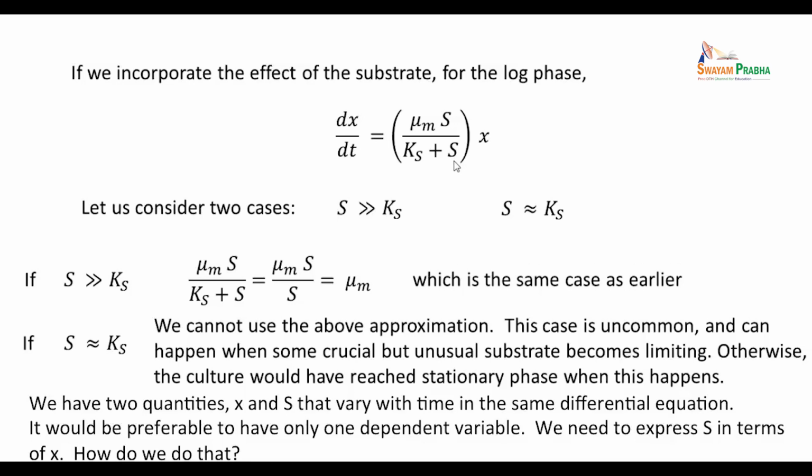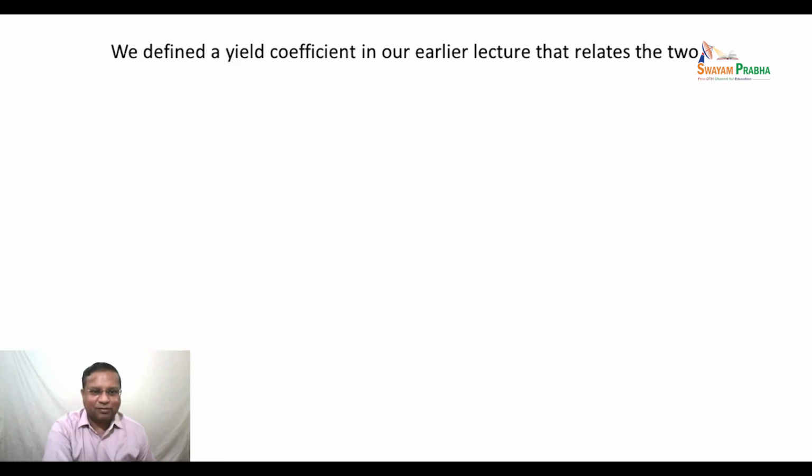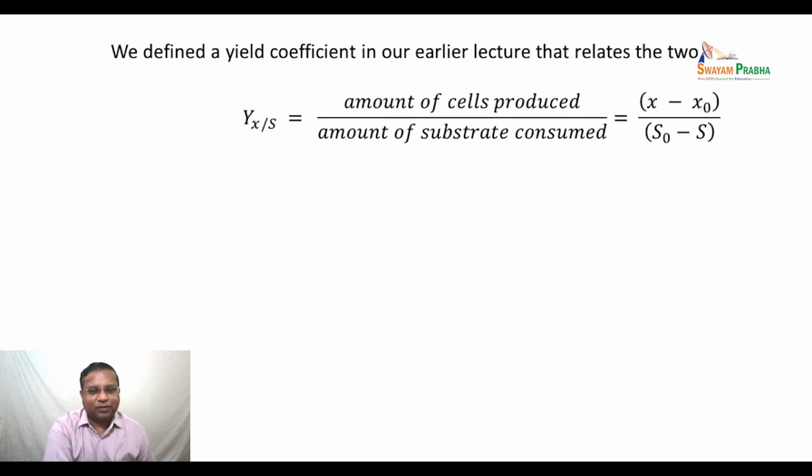Some thoughts on that? Something related to some concepts that we have seen earlier in the course in module 2? Yes, we could use what we defined as a yield coefficient in the earlier module, that relates the cell concentration and the substrate concentration.